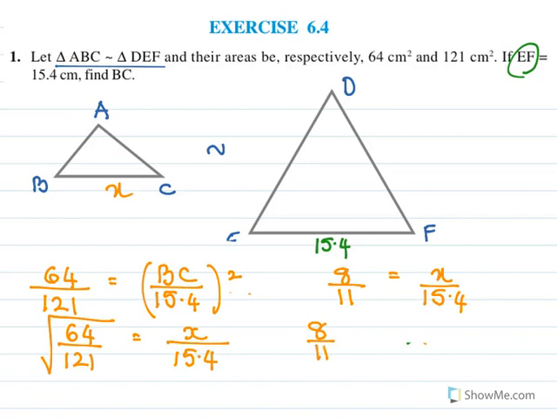So 8 over 11 into 15.4 is equal to X. This answer comes as 11.2 centimeters, and we know X is BC. So BC is 11.2 centimeters.